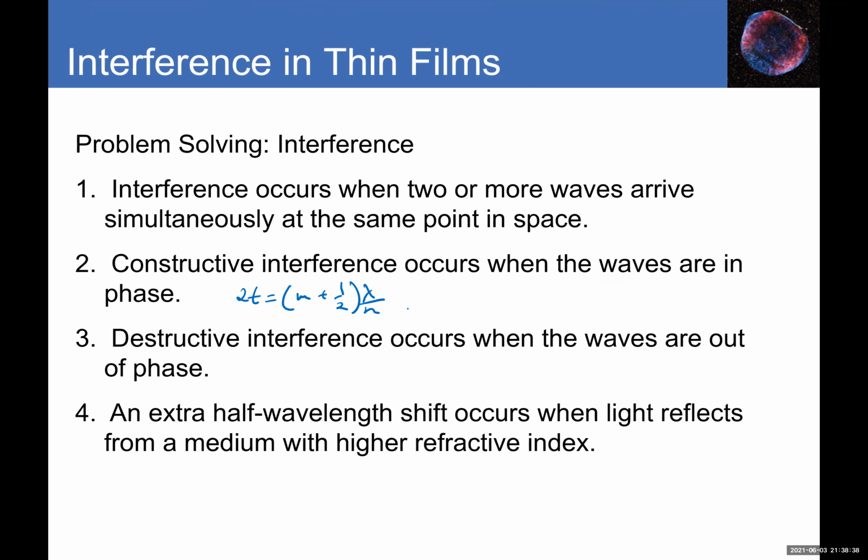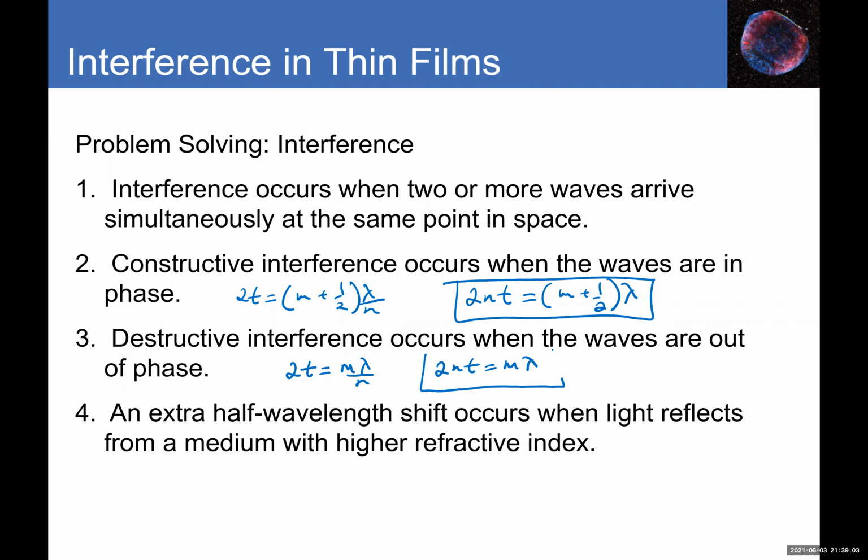Destructive interference occurs when the waves are out of phase, and that means 2nt equals m times lambda. So both are the equations for those. An extra half a wavelength shift occurs when light reflects from a medium with higher refractive index.